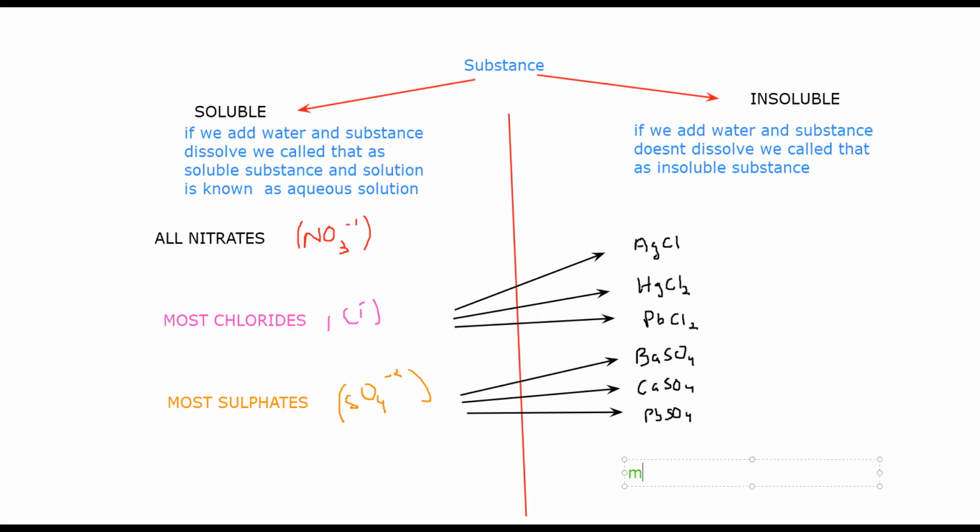Most of the carbonates are insoluble. Carbonate means the salts which have CO3. They do not dissolve except three. What are the three carbonates?